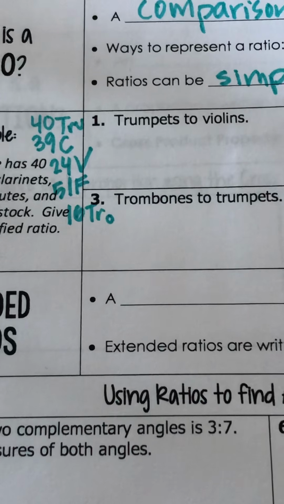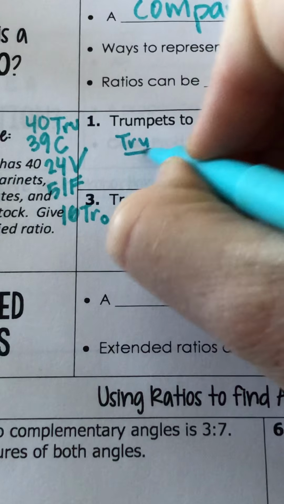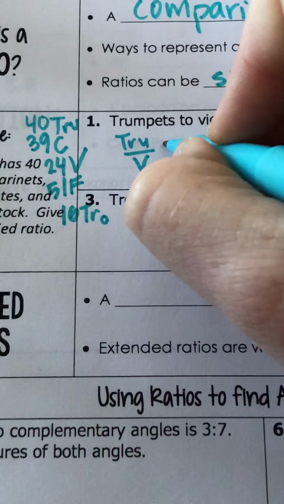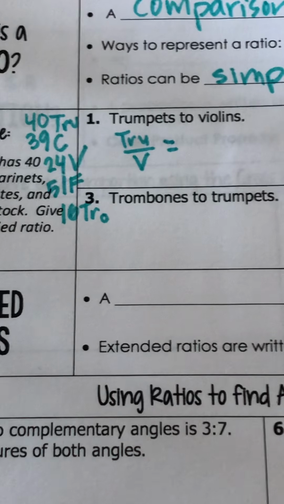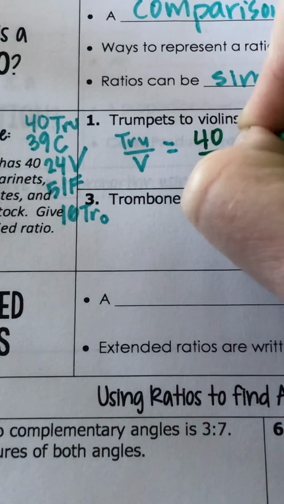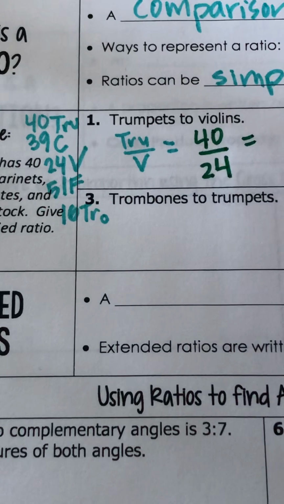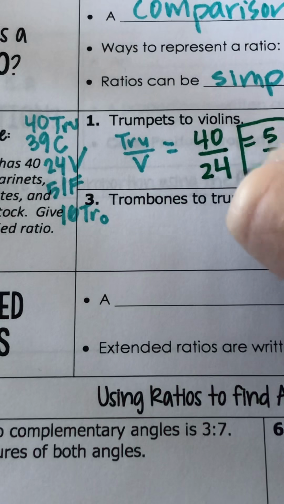Okay, so the ratio of trumpets to violins, I'm going to write this out as a fraction and then we'll reduce it if we can. Trumpets is 40, violins is 24. So reduce both of those, divide by 8, and you'll get 5/3.